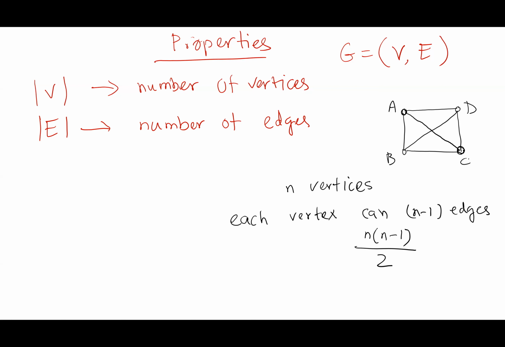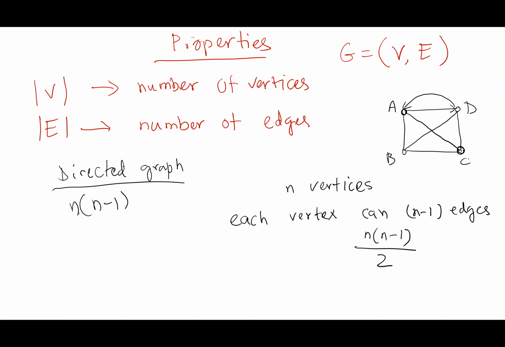But if it was a directed graph, it would have been n times n minus 1, because each vertex can have n minus 1 edges to the other vertices.